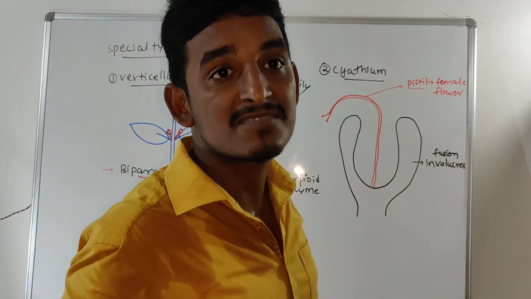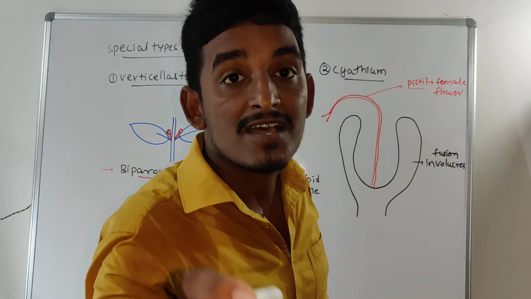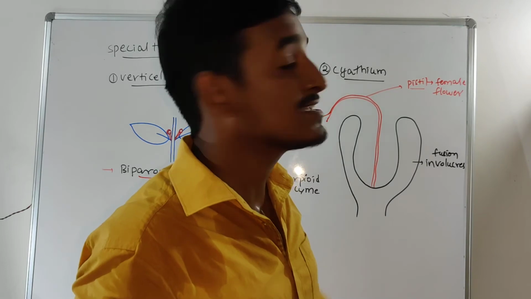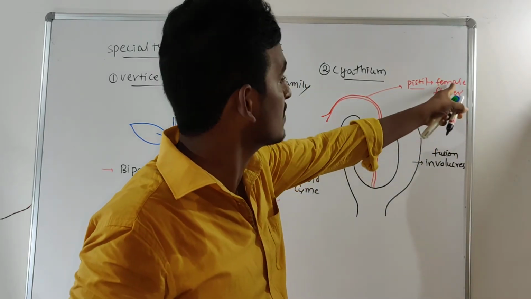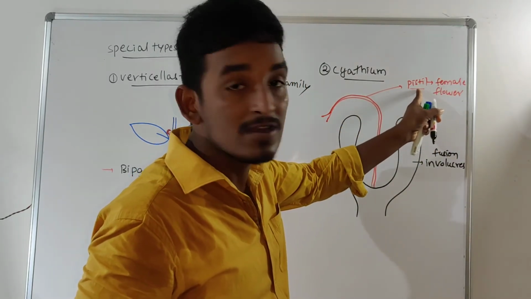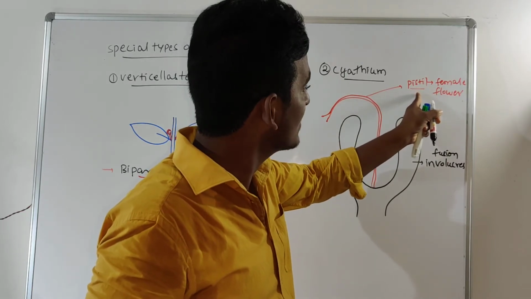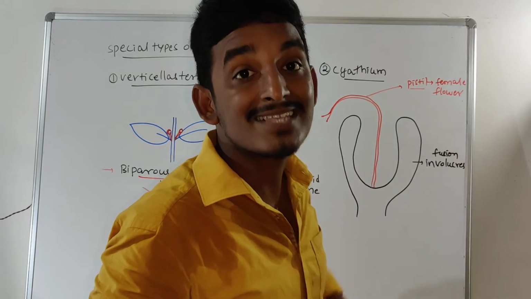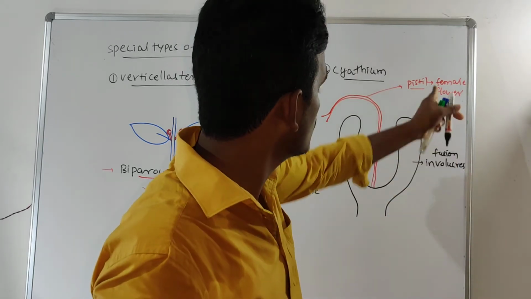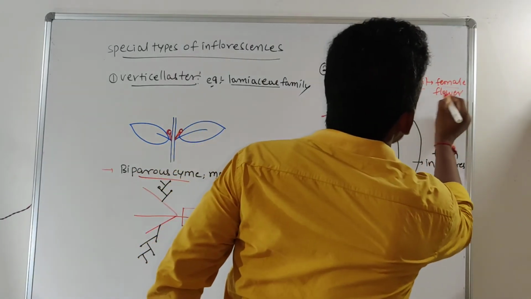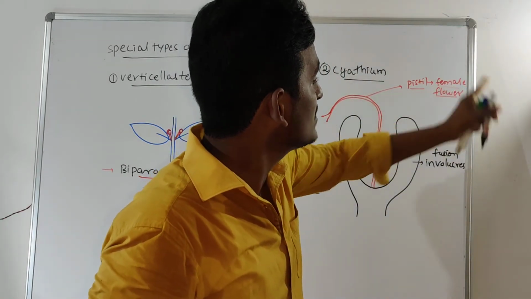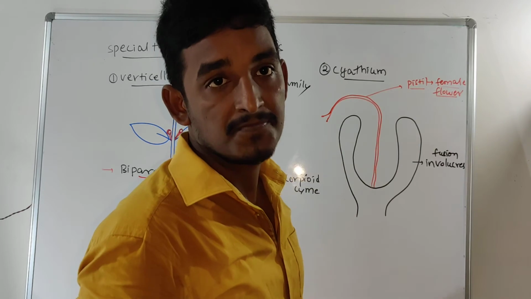Achlamydeous means the calyx as well as corolla, the sepals and petals, are absent. So this female flower has only a pistil, with no sepals or petals, and only the female part.